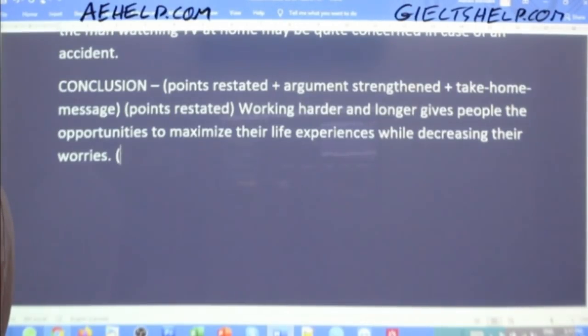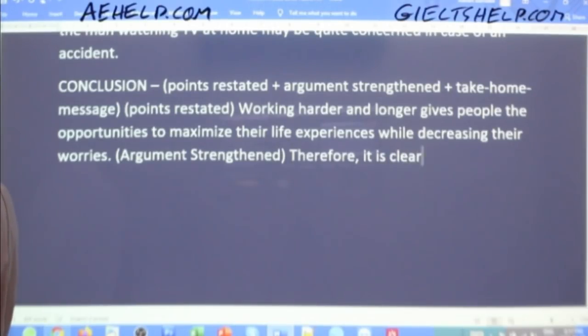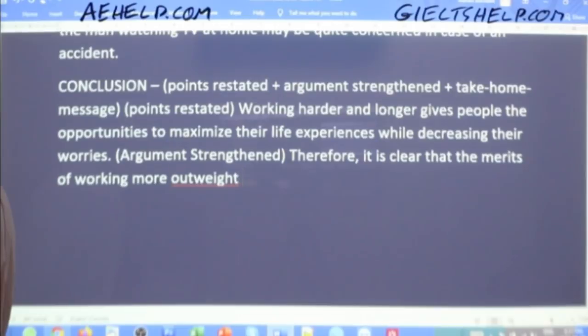Then comes my argument strengthened. Okay, therefore, it is clear that the merits of working more outweigh the disadvantages. Okay, then comes my take-home message.